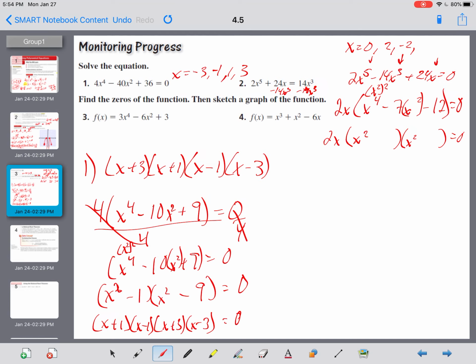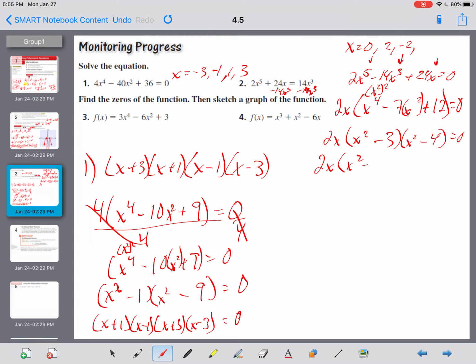And then factors of 12 that add to 7. Let's see, factors of 12 that add to 7. Oop, do I have the signs right? Nope. Add to 7. There we go. 3 and 4. That's why. Both have to be negative.